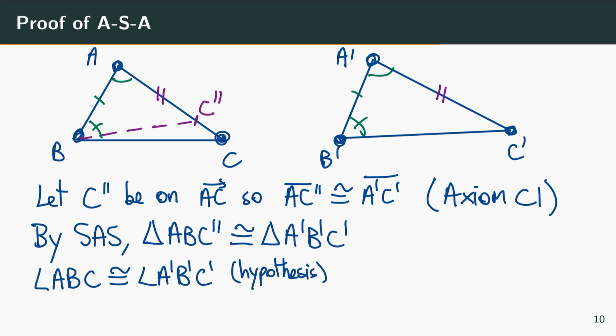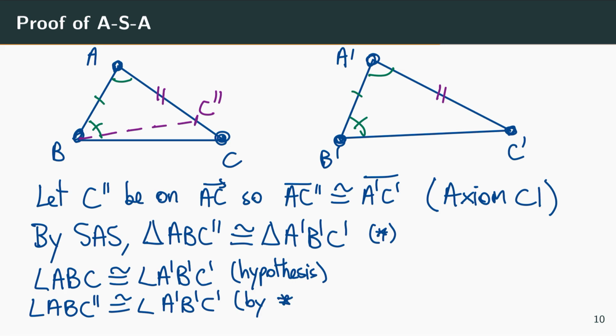That was our hypothesis. But in turn, that is congruent to the angle ABC double prime. So this one is by hypothesis, and this one is by that previous line. I'm going to call that star. That's by star.